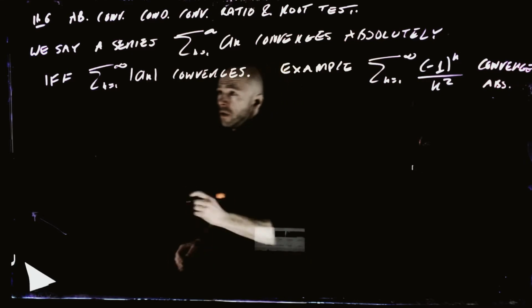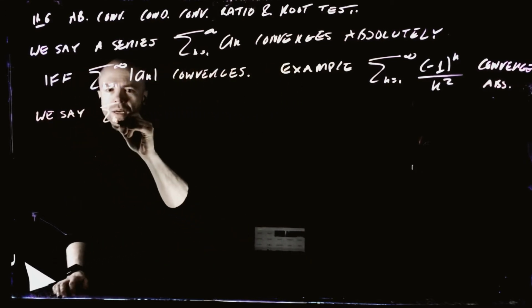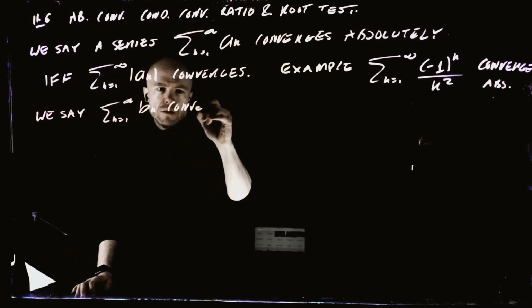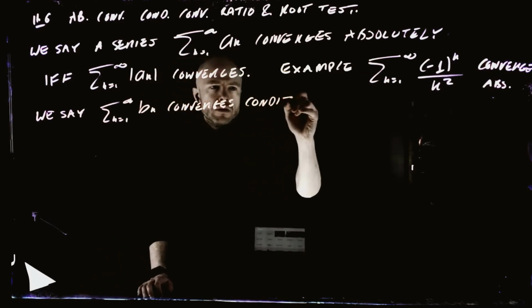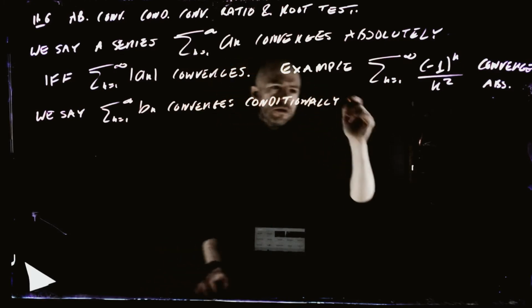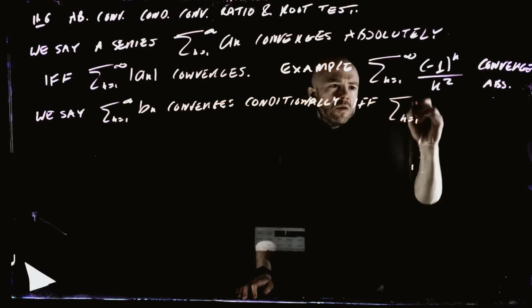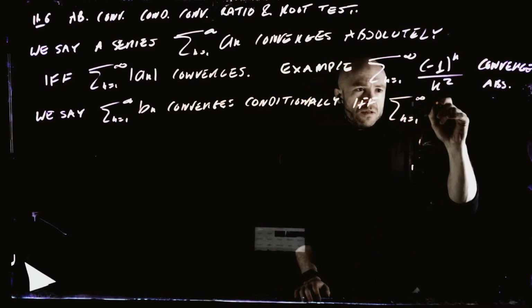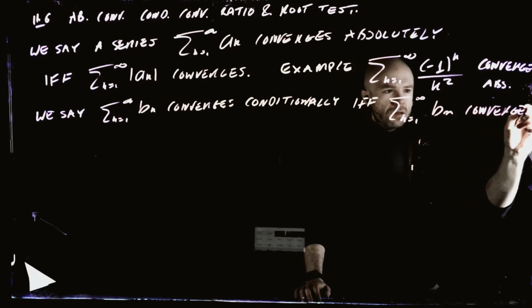Okay? We say the series, the sum k equals 1 to infinity, bk converges conditionally if and only if the sum converges but does not converge absolutely.